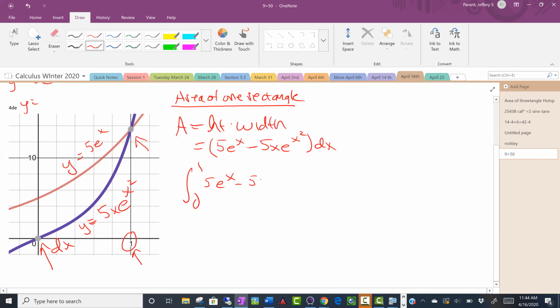We'll use the linearity properties of the integral to split that up. I'll take the 5 out in front: 5 times the integral from 0 to 1 of e to the x dx, minus 5 times the integral from 0 to 1 of x e to the x squared dx.